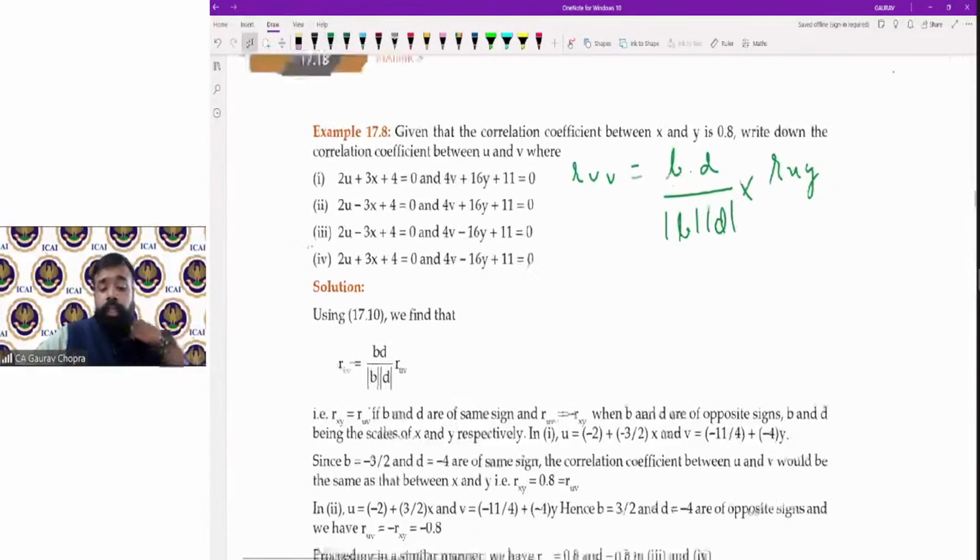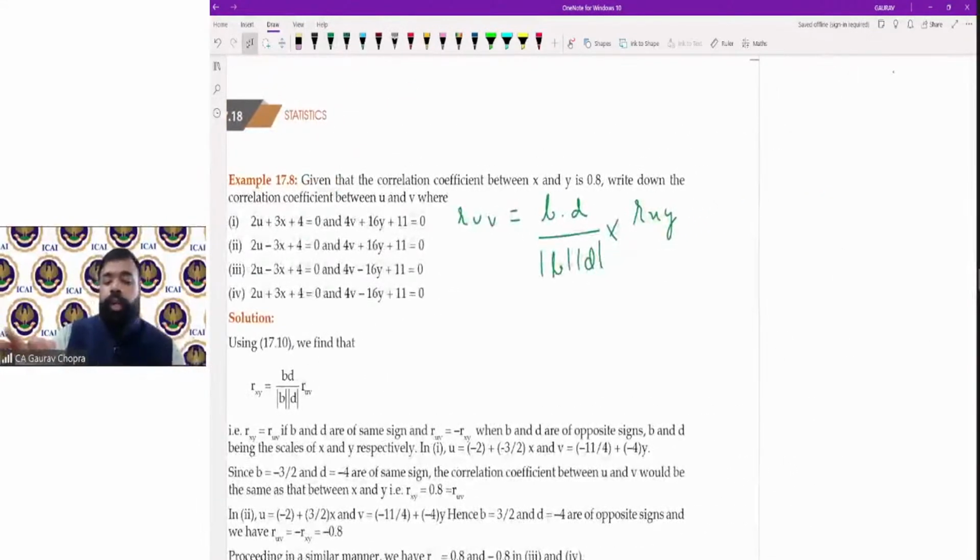So here, in order to calculate the correlation between U and V, there will be two equations.